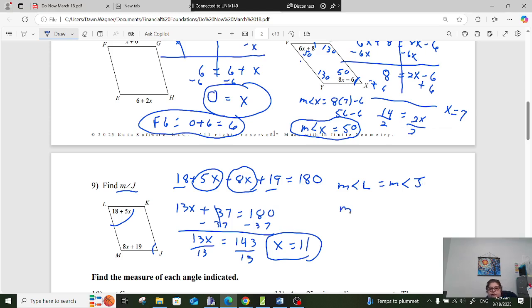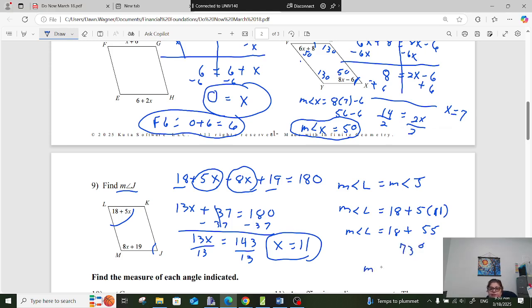So the measure of angle L is equal to 18 plus 5 times x, which is 11. So 55 plus 18 is equal to what? This is 73 maybe? 73 degrees.